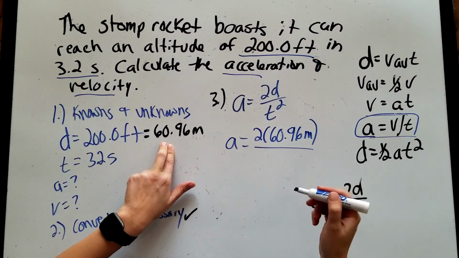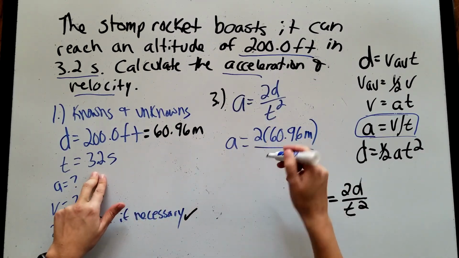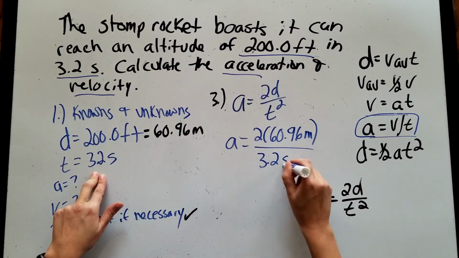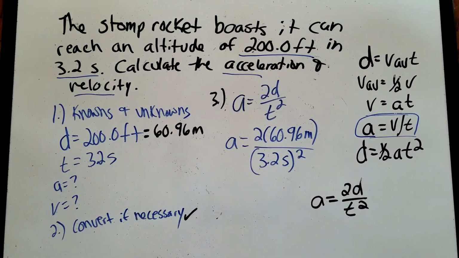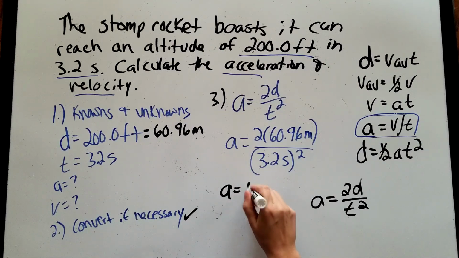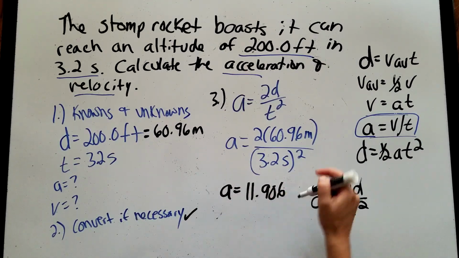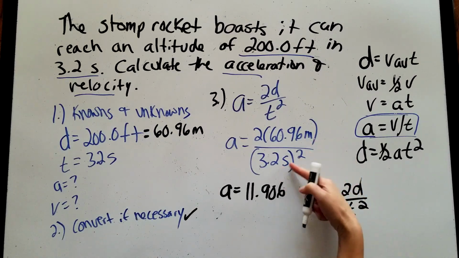And then I'm going to divide that by my time squared in seconds. So 2 times 60.96 divided by 3.2 squared. And I'm going to get an acceleration of 11.906, and the units are meters per second squared.